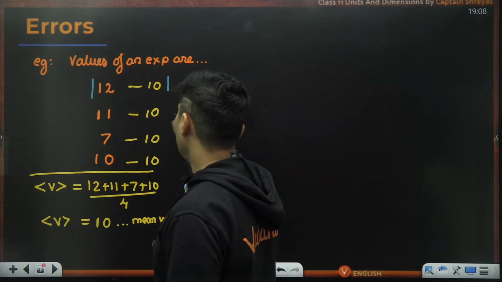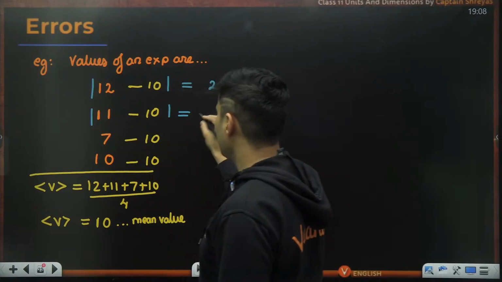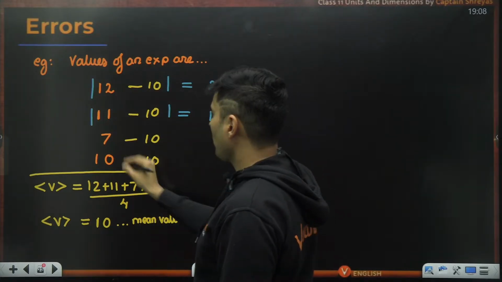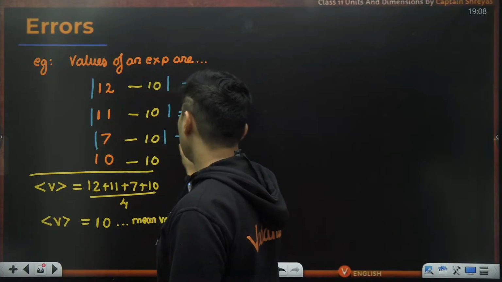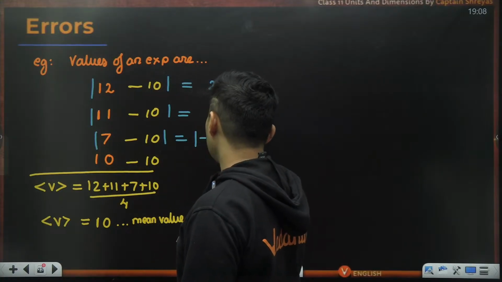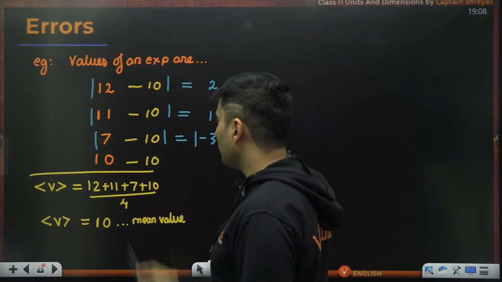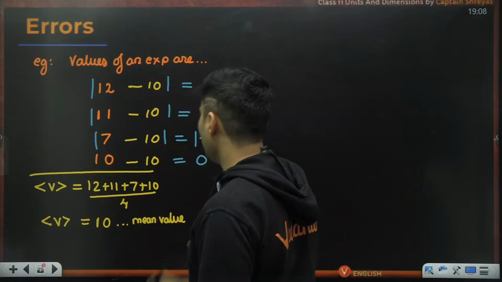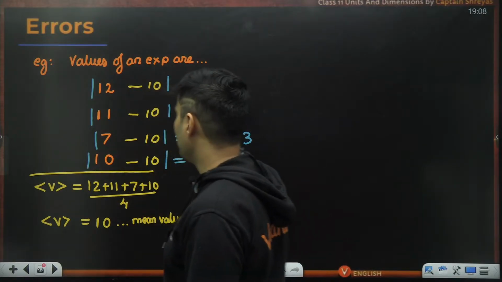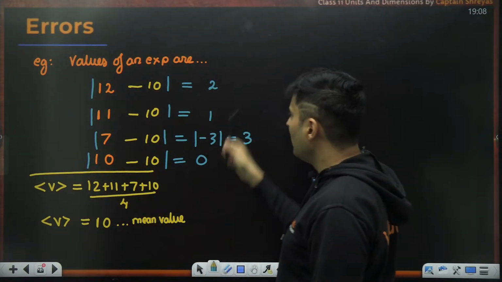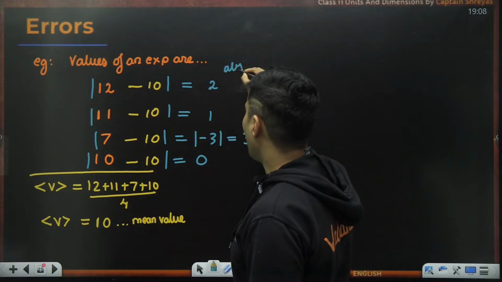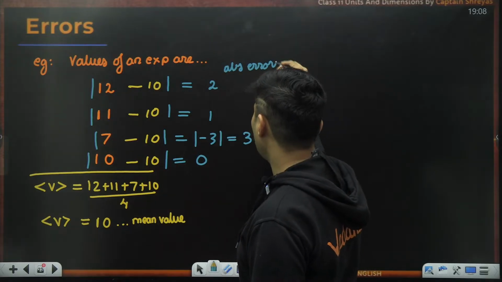Then again, 11 minus 10, you are just going to take 1. 7 minus 10 is minus 3, and the modulus of minus 3 is basically the number 3. 10 minus 10 is basically 0. Always take the mod values. So we have found out the absolute errors.